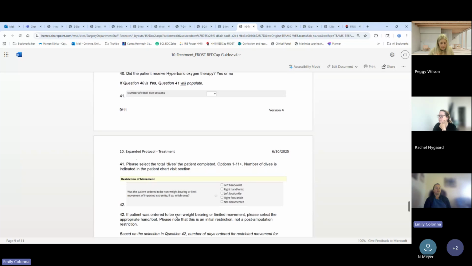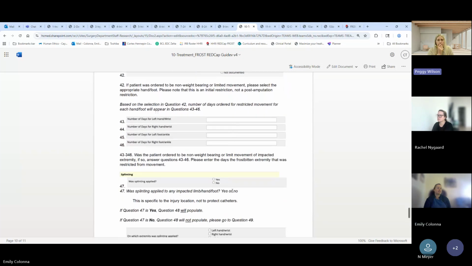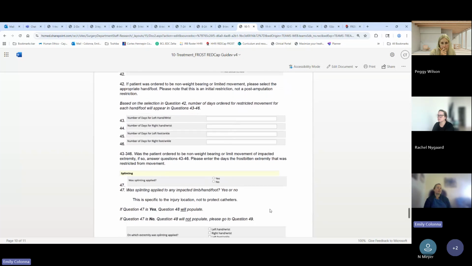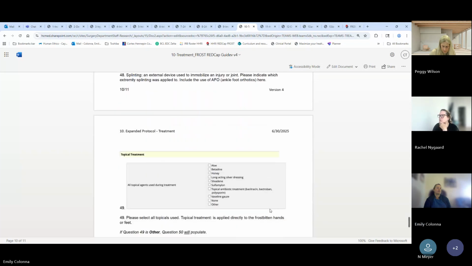If your patient had non-weight bearing movement restriction, you can enter that information here. We'd like to know the number of days they were restricted. Same with splinting. If your patient had a splint, where was it and how long did they have it? And topical dressings used during treatment.